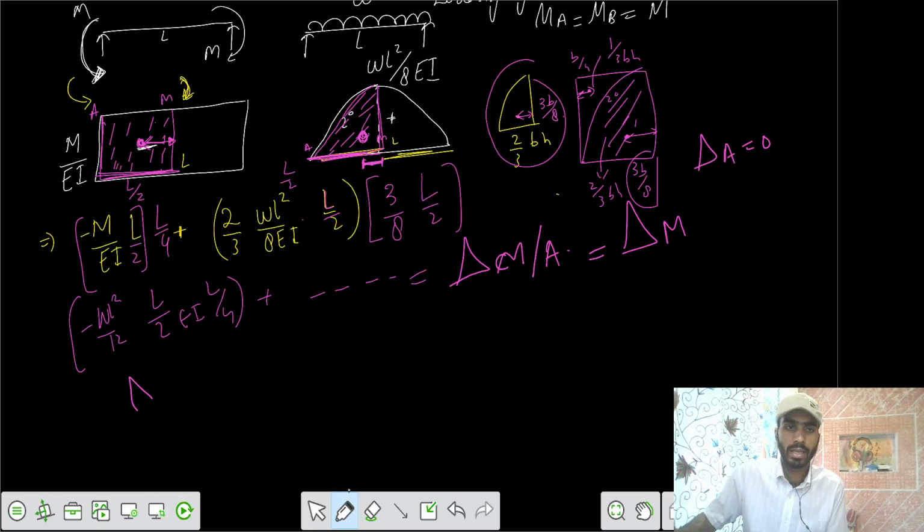So finally you got delta maximum equal to WL to the power 4 by 384 EI.